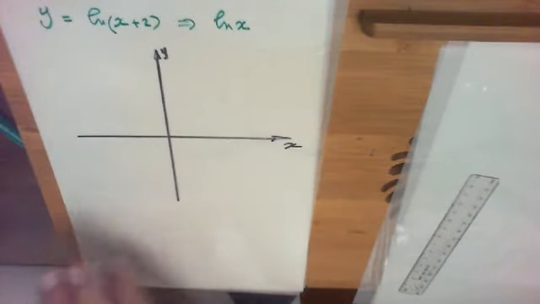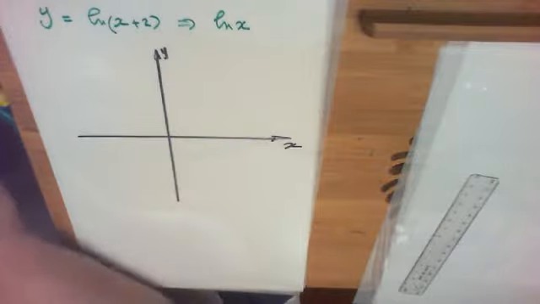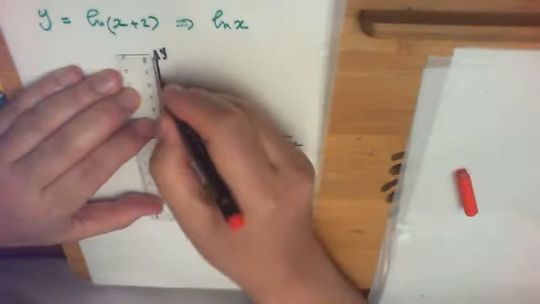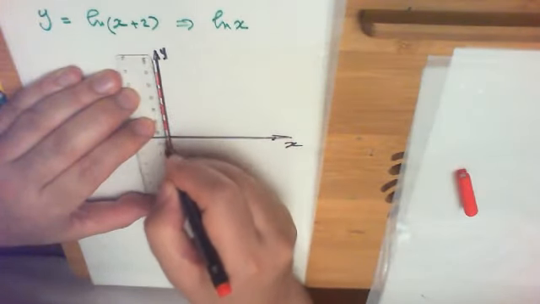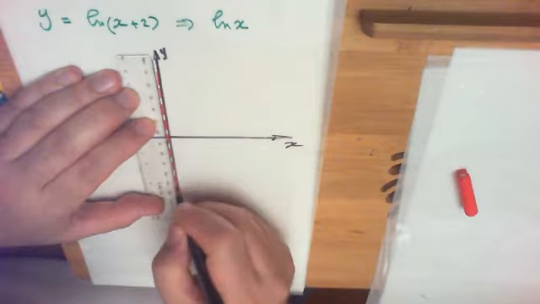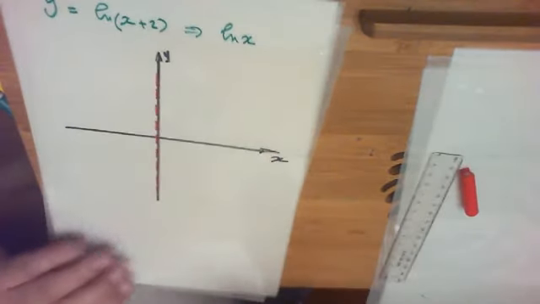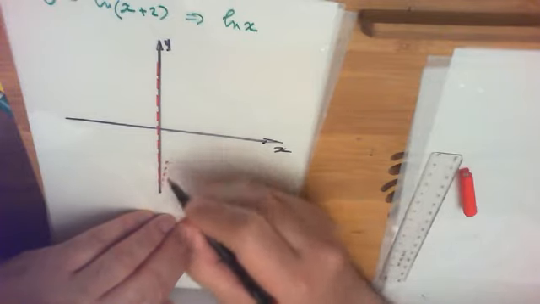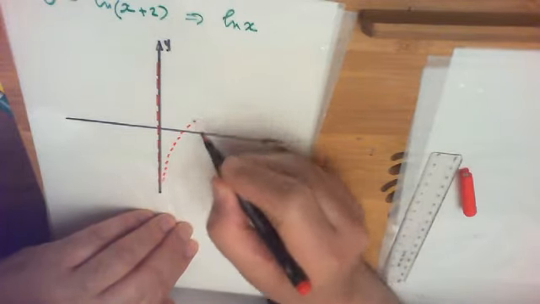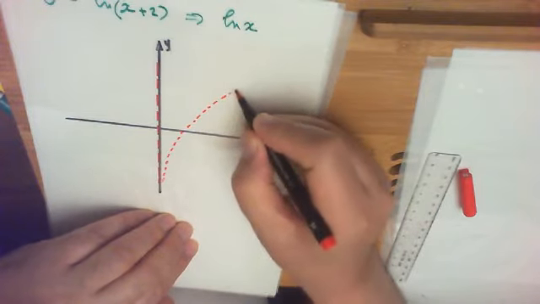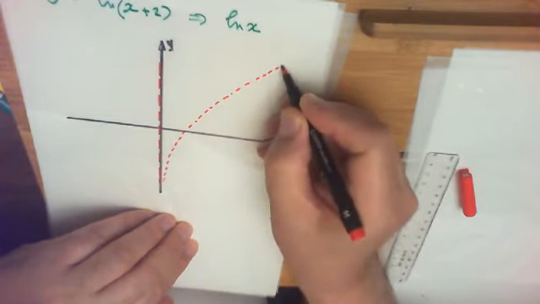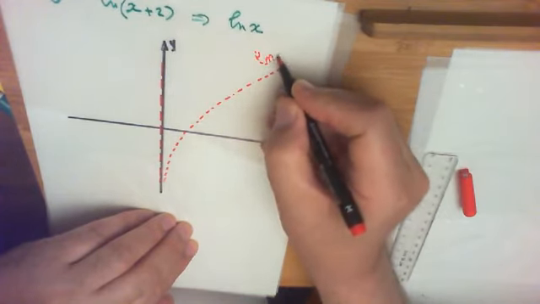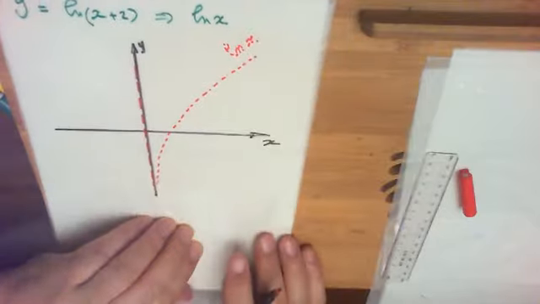Okay, this is what we are dealing with, ln x, so the y-axis is a vertical asymptote. This is the original curve, ln x. This is the original one. y equals ln x.